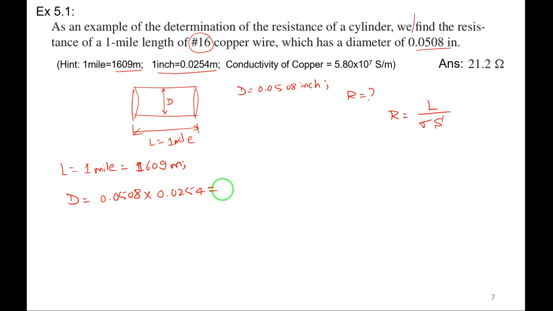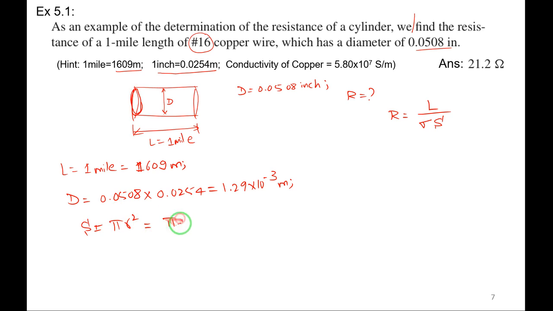So take the calculator: 0.0508 into 0.0254. I am getting 1.29 into 10 power minus 3 meters. But what I want is the surface area. Let me consider the surface area, pi r square.